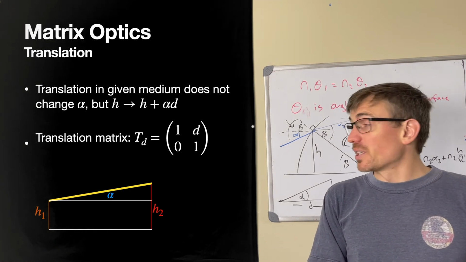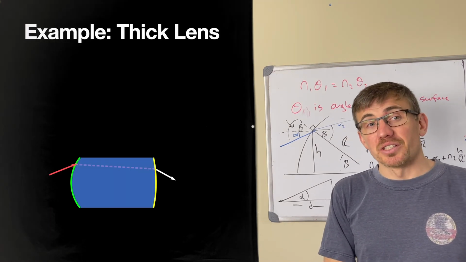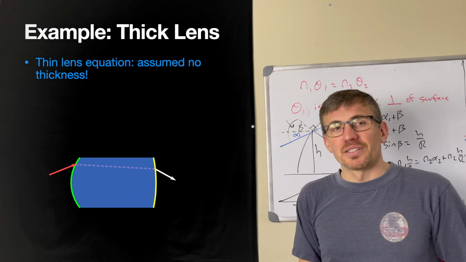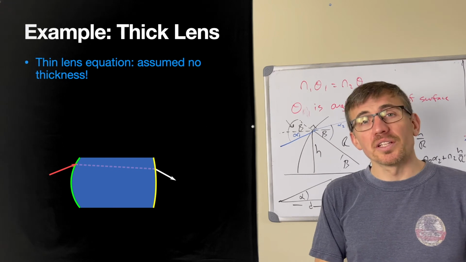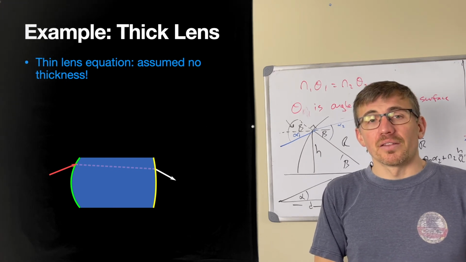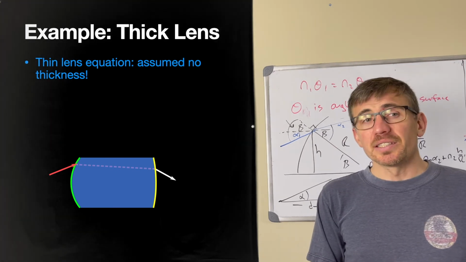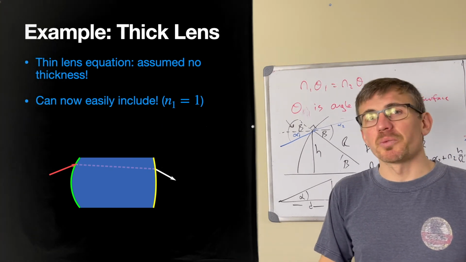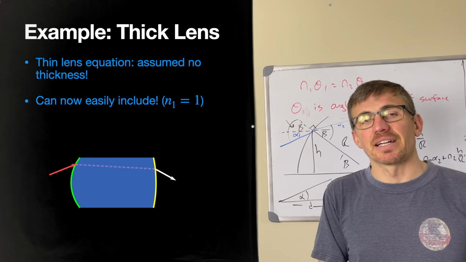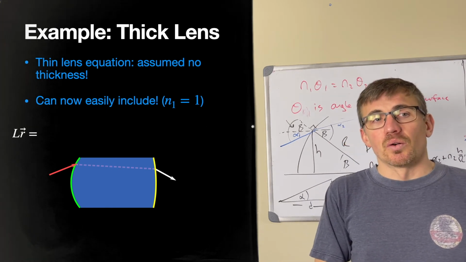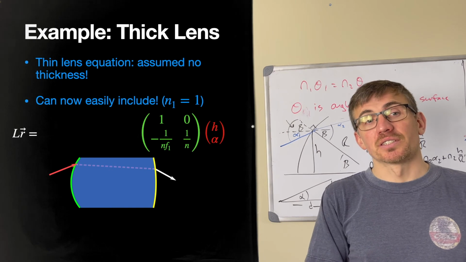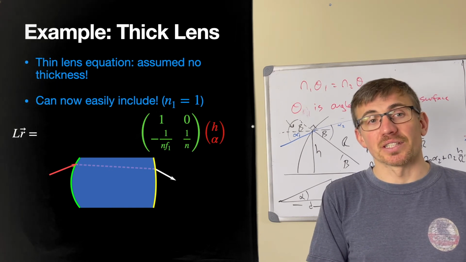First of all, the first thing we can do is find out what a thick lens actually does versus a thin lens. Okay, so remember we neglected the thickness of the lens? There's no need to do that now. We have the arsenal that we need, so we can easily include it. And for simplicity, let's assume that our lens is immersed in air and it has an index n. Okay, so what happens to our ray matrix? Well, the first thing we do is we hit the first surface. So that is a refractive surface like this.